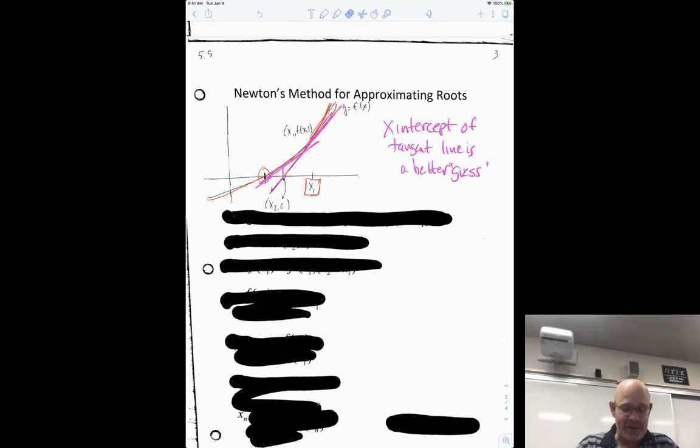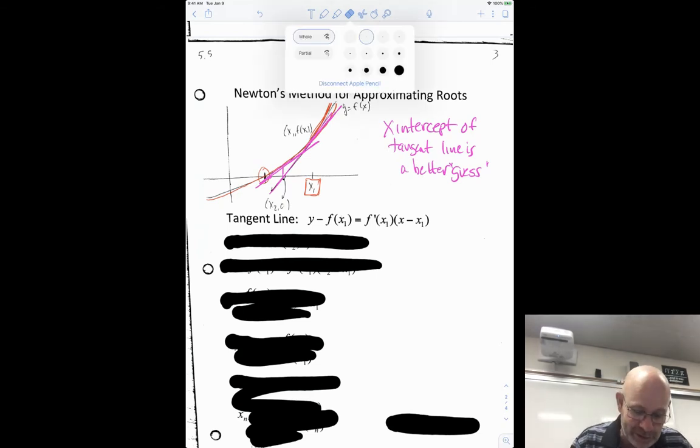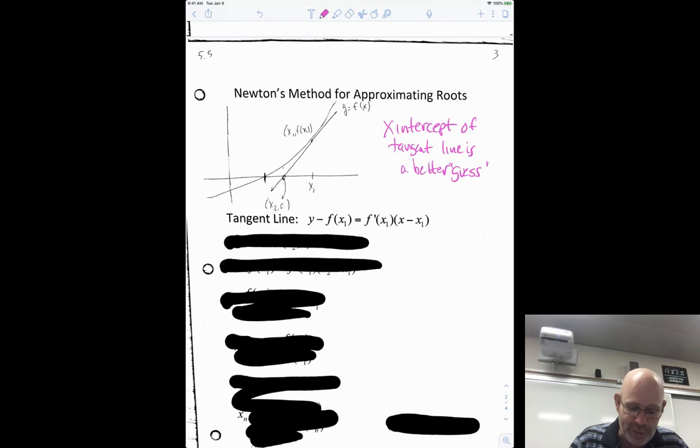First things first, I need to find the equation of that tangent line. My original point was right here at x1, f of x1, and my function was y equals f of x.